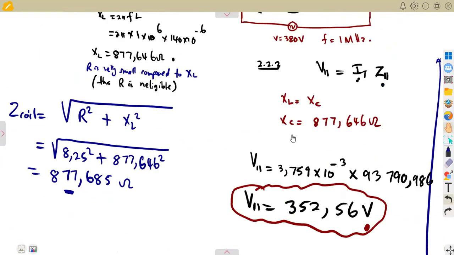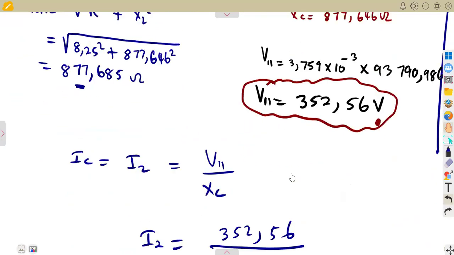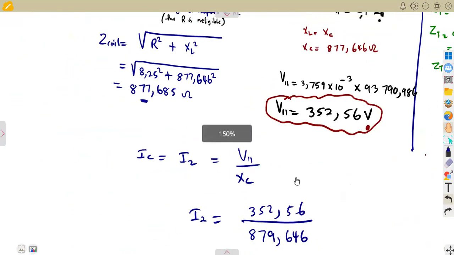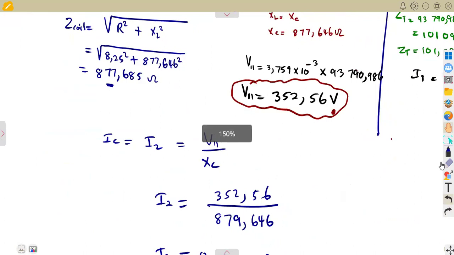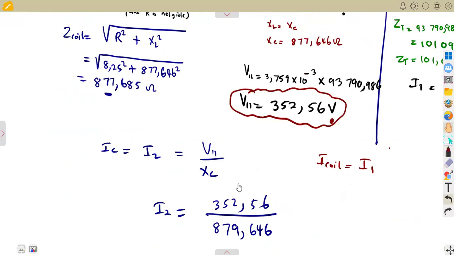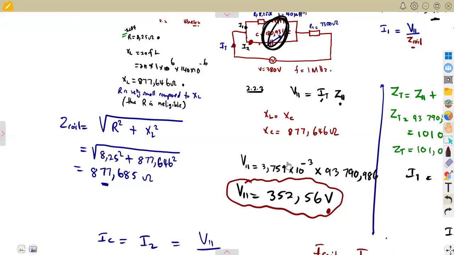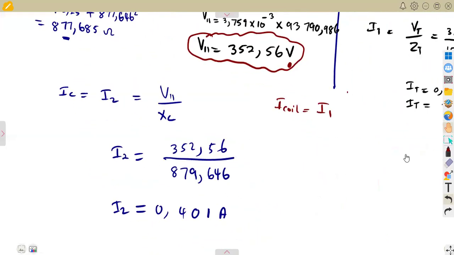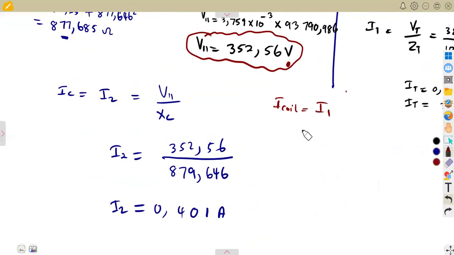But in case you calculated it, no problem, you have got your Z coil. It's you and your calculations. Let's say this is what you have. You're going to obtain the current across the coil, which is our current 1. The current across the coil is from the voltage of the parallel over the Z coil.